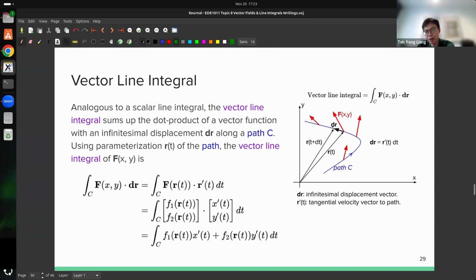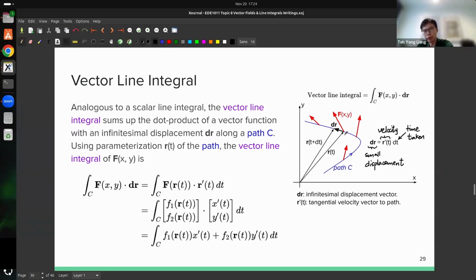So it has moved a little bit already. Therefore, what's the displacement? The displacement must be dr. But then your small displacement dr can be velocity times time. So this small displacement is equivalent to velocity times time.